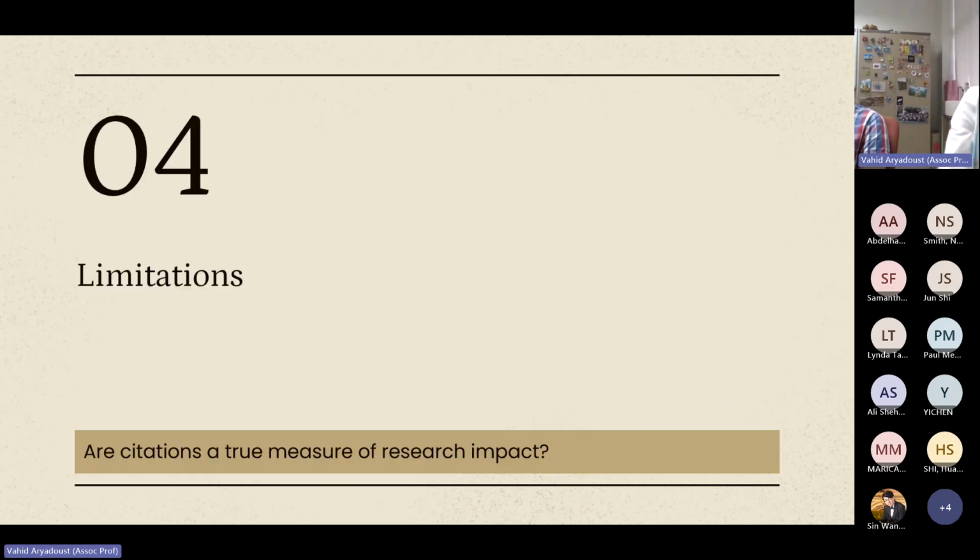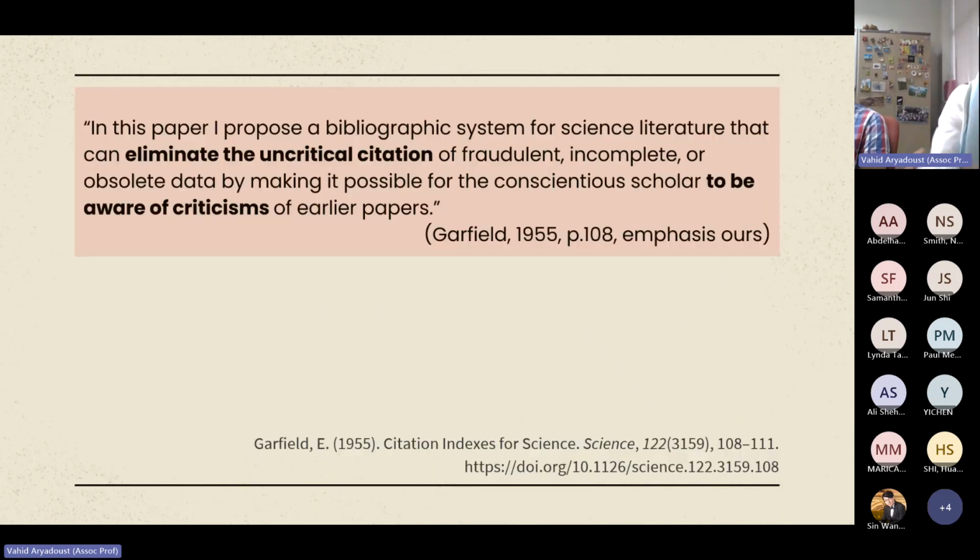Having seen that, I think Vahid has hinted at some of the limitations of using citation counts as a measure of research impact. But I want to bring back why citation indexes were even formed.